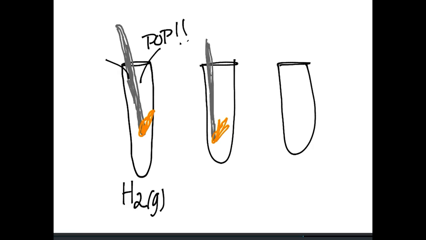If we take our flaming splint again, it's on fire, and we insert it into a test tube with a gas, and the gas causes the flame to extinguish and go away, that is a positive splint test for carbon dioxide gas.